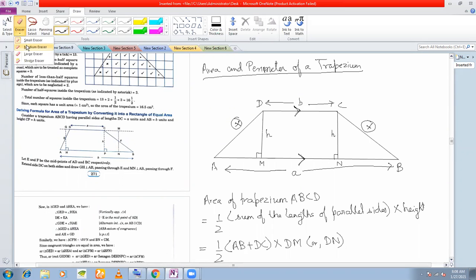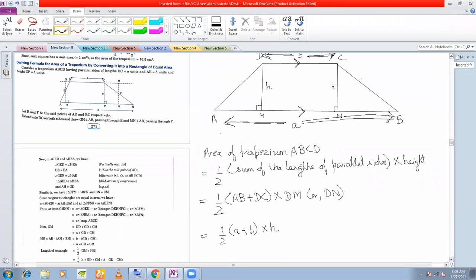Okay. So if I take the length of the parallel sides to be a and b, that is, if I take the length of AB here as small a, and if I take the length of DC here as b, then the sum of the parallel sides here must be a plus b.